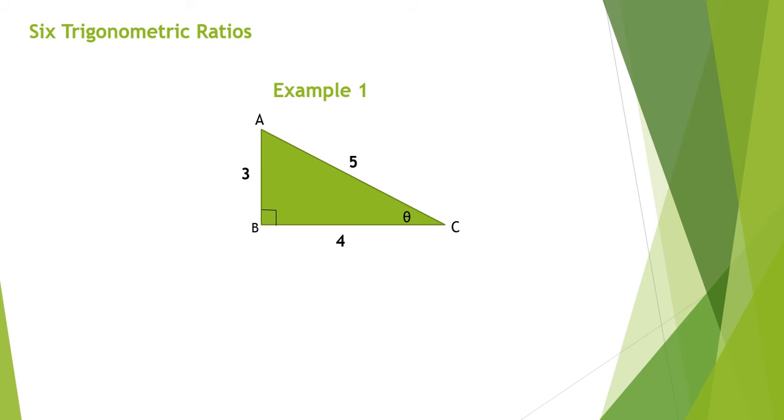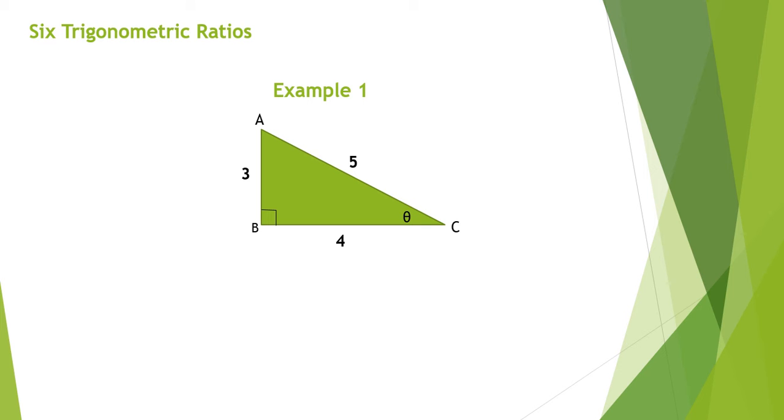Let's take a look at this example. We have here triangle ABC, where theta is at angle C, and the measures of the sides of the triangle are 3, 4, and 5. In finding the basic trigonometric ratios, of course, we'll be using the mnemonic that we have learned a while ago, which is SOHCAHTOA.